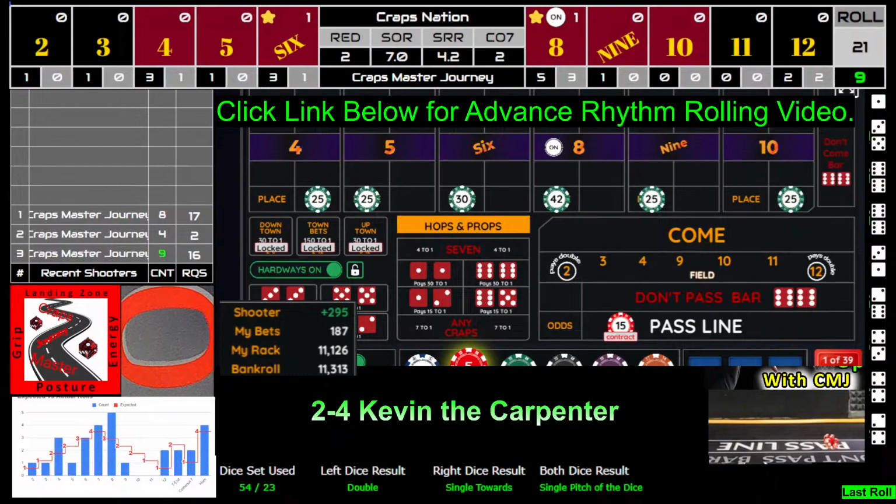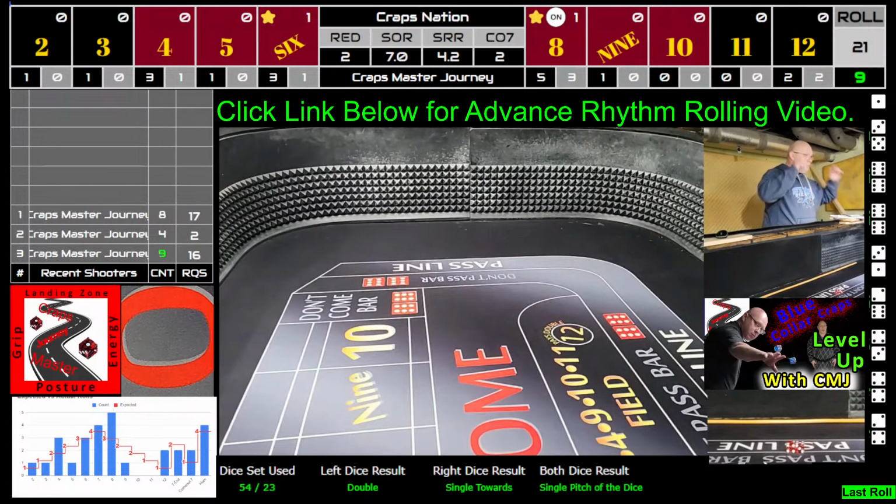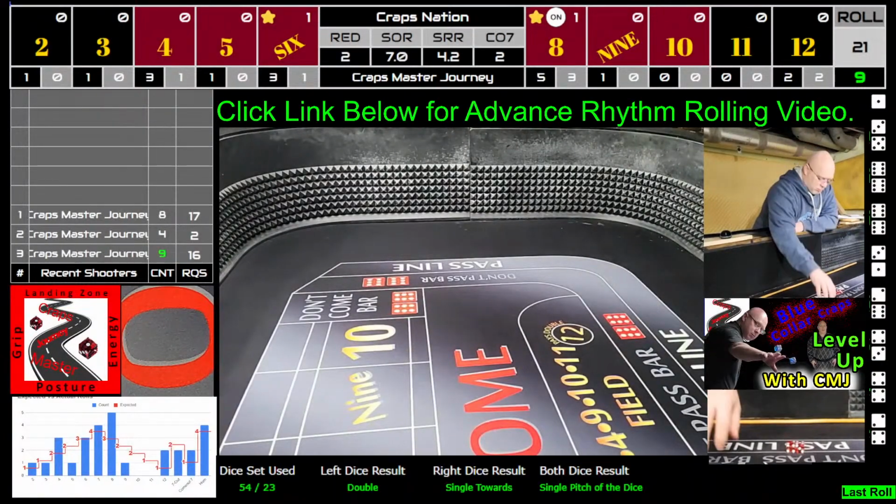Let's go to $42 on that 6 as well. And we'll call that all bets set. Dice out.